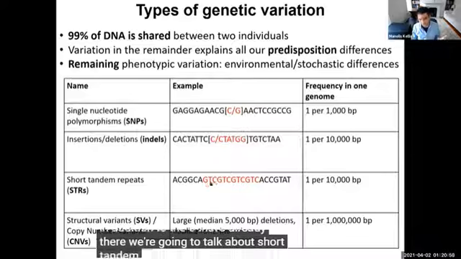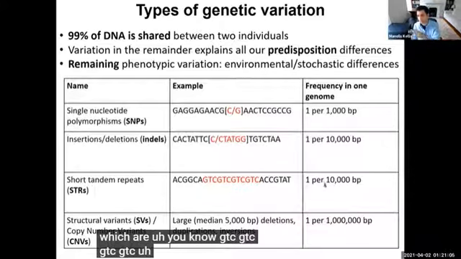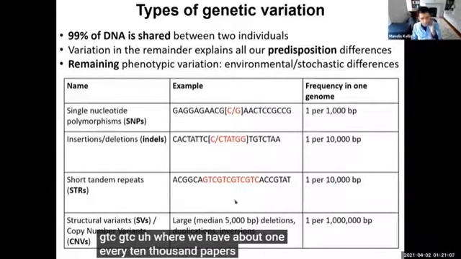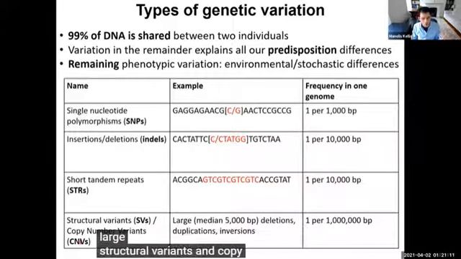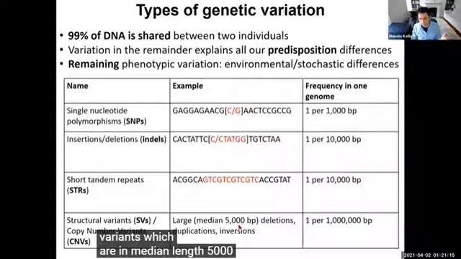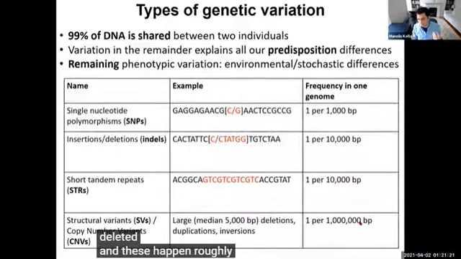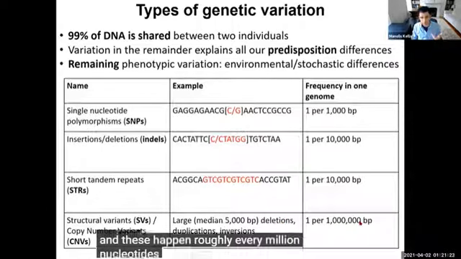We're going to talk about short tandem repeats, GTC, GTC, GTC, GTC, where we have about 1 every 10,000 base pairs. And then these large structural variants and copy number variants, which are in median length 5,000 nucleotides, which can basically insert or get deleted. And these happen roughly every million nucleotides.